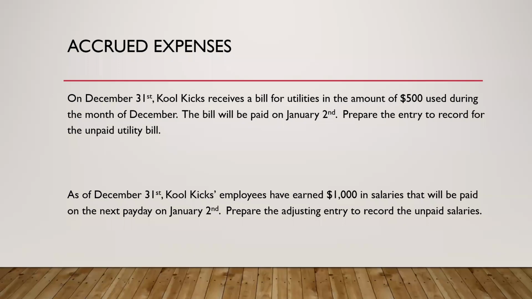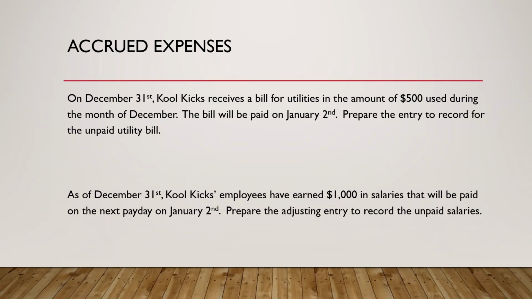So as we look at our example, let's look at it closely. On December 31st, Cool Kicks receives a bill for utilities in the amount of $500 used during the month of December. The bill will be paid on January 2nd. So notice cash has not happened. Prepare the entry to record the unpaid utility bill. In this one, we are not doing the entry for January 2nd.